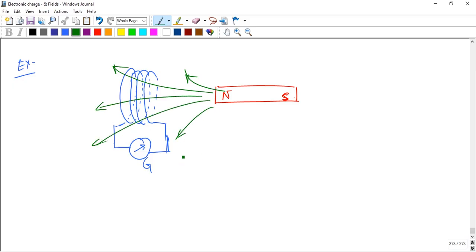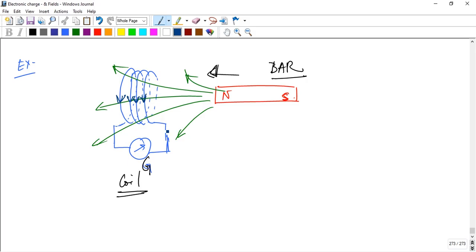Watch this very carefully. The bar magnet is moving towards the coil, and here a current I is generated.